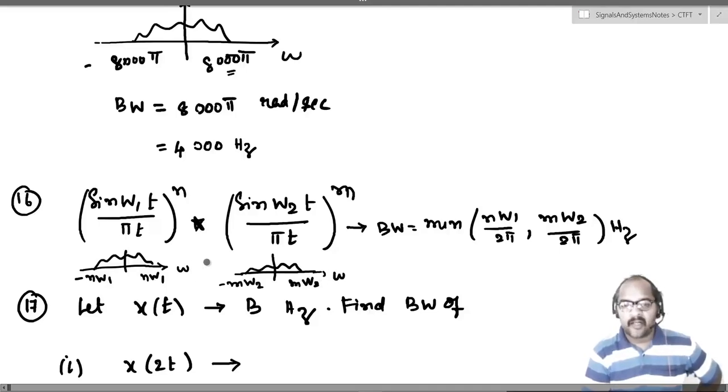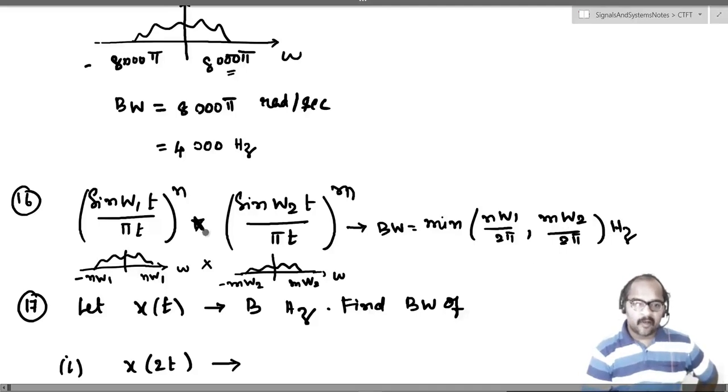Because we are convolving in time domain, in frequency domain these two should get multiplied. After multiplication, whichever is minimum would be the highest positive frequency, and hence the bandwidth of the signal would be the minimum of n w1 by 2 pi and m w2 by 2 pi.